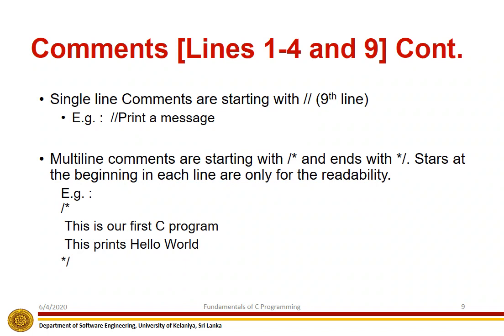Multi-line comments start with forward slash asterisk and end with asterisk forward slash, and we can use an asterisk at the beginning of each line. That is only to improve the readability. For example, as in lines 1 to 4: forward slash asterisk, this is our first C program. This prints hello world, asterisk forward slash.